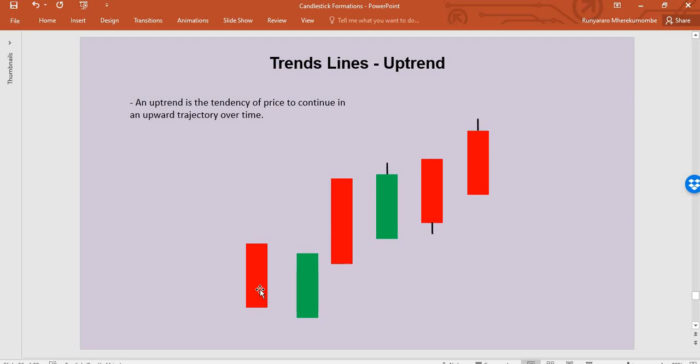For a downtrend, it would be a downward sloping trend line that you'll be looking to see from your chart. Now, I use the body of the candle to draw the trend line. Some people use the swing highs as well. But if you are a starter, I would encourage you to use the body of the candle. In other words, you are only considering the opening and the closing price to draw your trend lines.